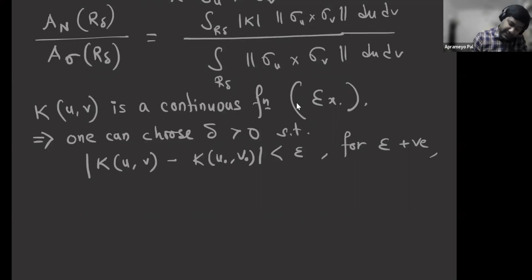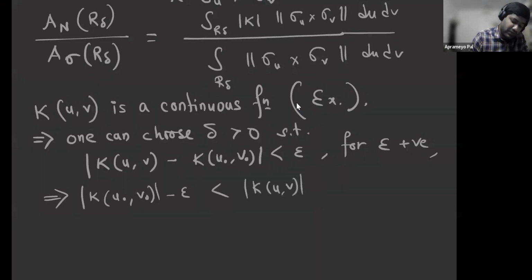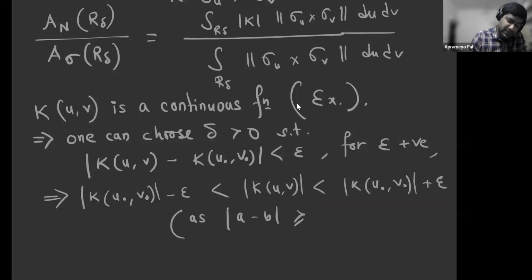And this gives you kind of a triangle inequality: mod K(u0,v0) minus epsilon is less than mod K(u,v), which is less than mod K(u0,v0) plus epsilon. Yeah, this is because mod A minus mod B is less than or equal to mod of A minus B.